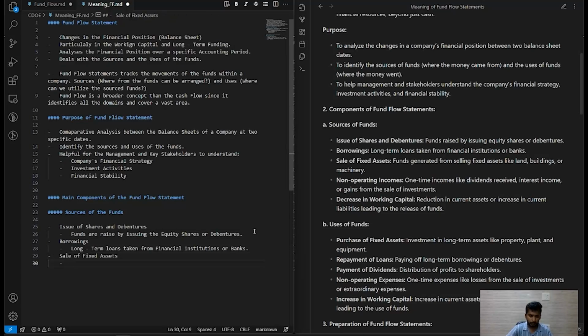Any money generated from the selling of fixed assets will come under the head of sale of fixed assets. So basically, the funds generated from selling fixed assets like land, a building, or machinery.